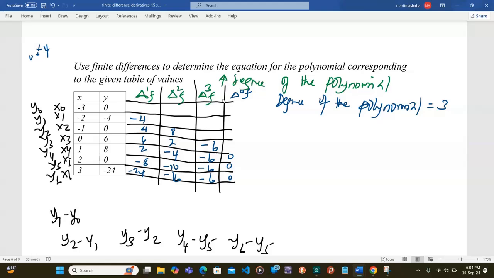How do I get the degree of the polynomial? I look at my differences and see which one of the ones I have here gives me a constant value that is not 0.